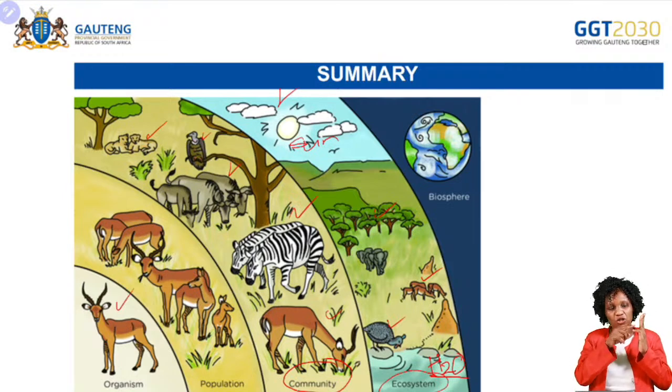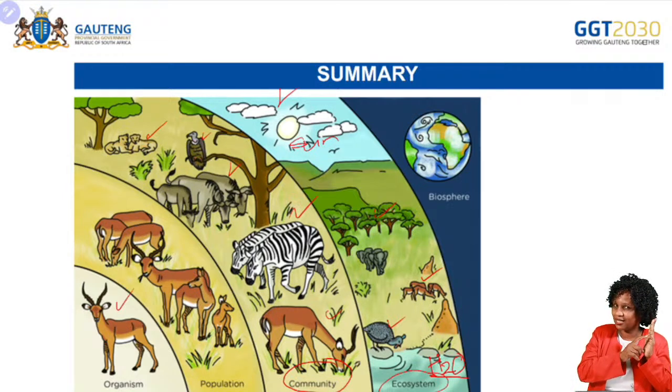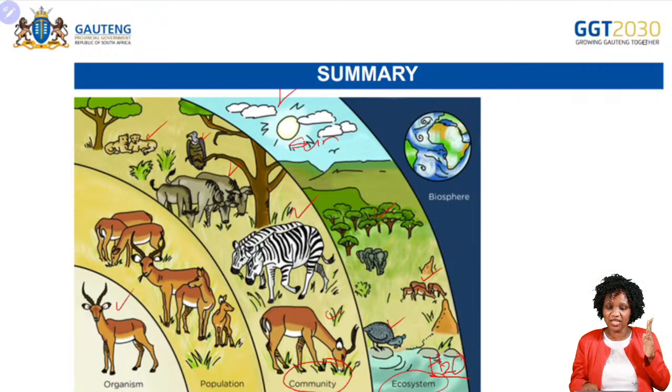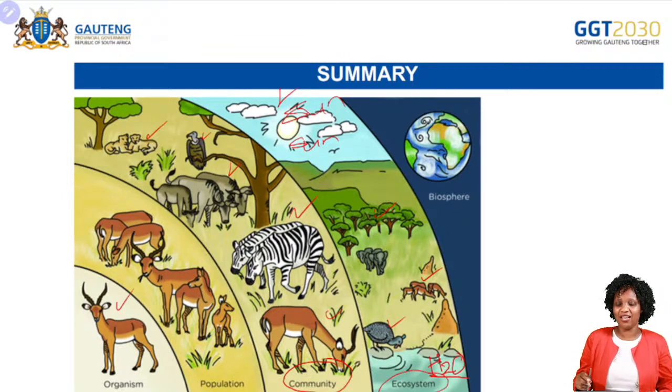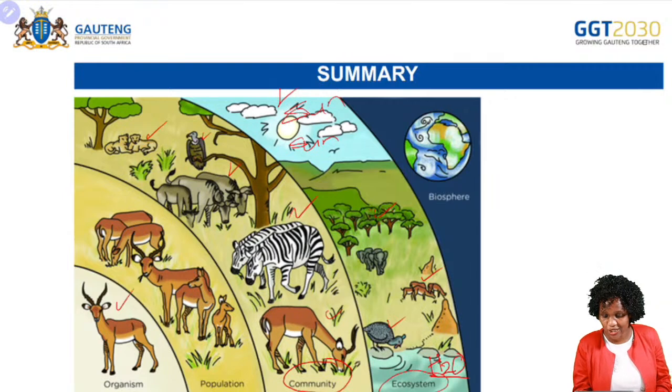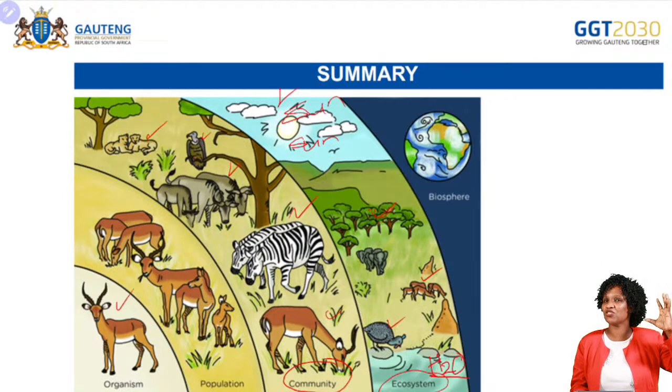For the requirements of photosynthesis, we need the sun, which is the what? The ultimate source of energy. We've got our sun here, the ultimate source of energy, giving radiation energy. And then the plant will also need what? It will also need carbon dioxide from the atmosphere.